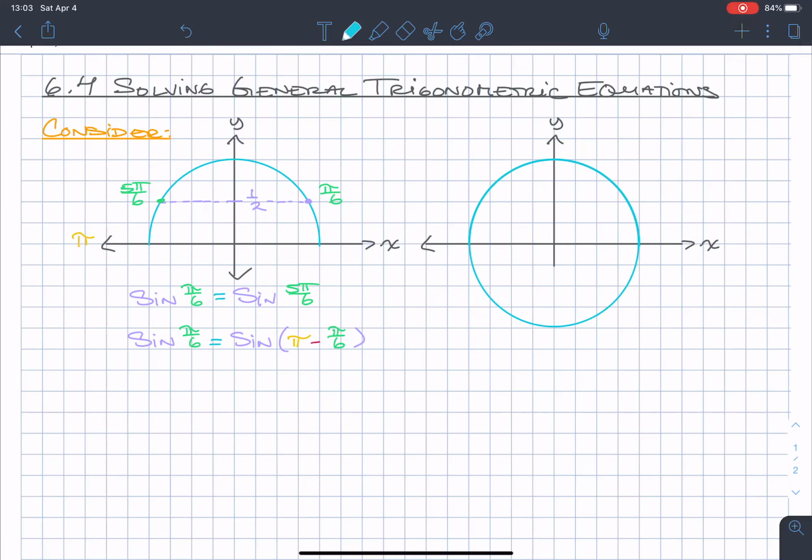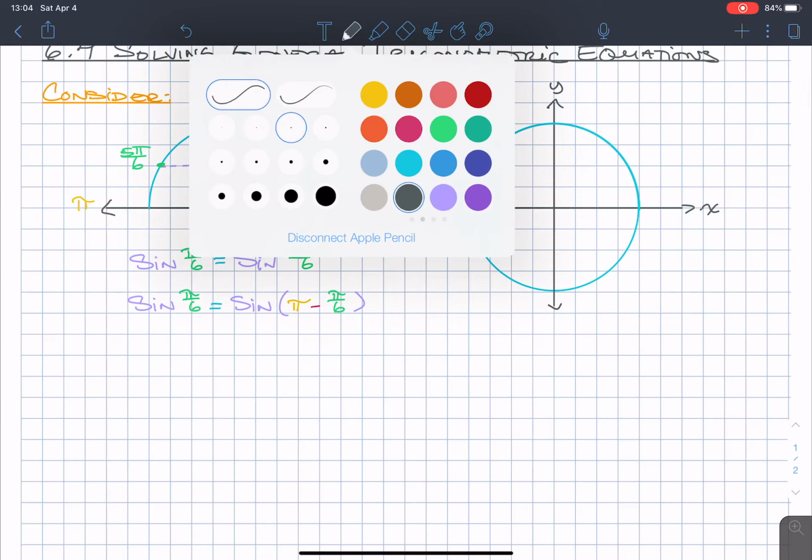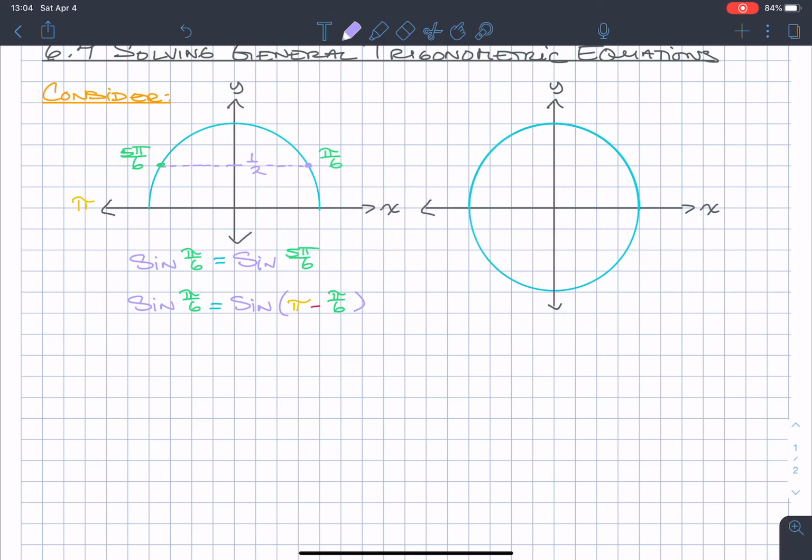So let's do the same analysis for cosine. So let's say I want cosine to be 1/2 now. So for cosine to be 1/2, I would have to be at an angle of pi over 3.